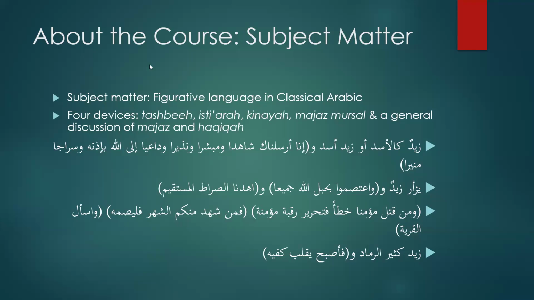My suggestion would be to reserve comparison for the relationship between them, which would be mushabaha. Or if you were to translate the tashbih as comparison, yes, from shubha and shabiha, which means to resemble something, right? Shabah.